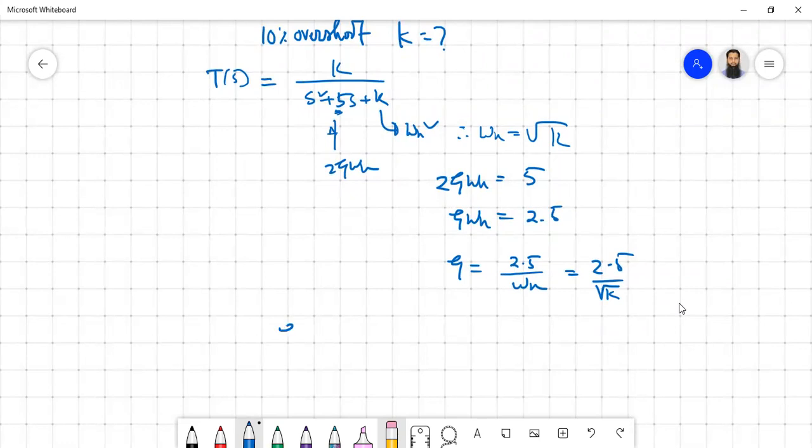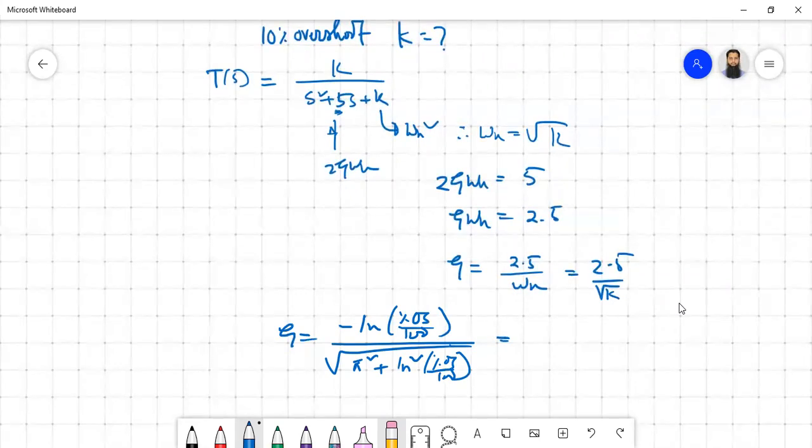Now percent overshoot is related to your zeta. So zeta equals minus ln of percent overshoot by 100, divided by root over pi square plus ln square of percent overshoot by 100. Is it okay? Now if you put the value of percent overshoot as 10, what you get is 0.591.